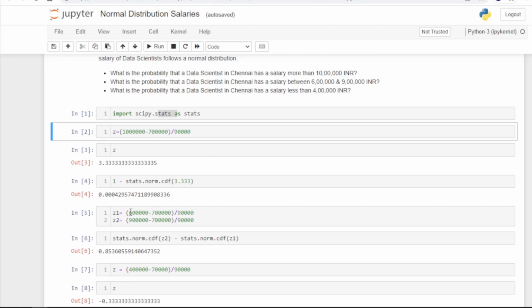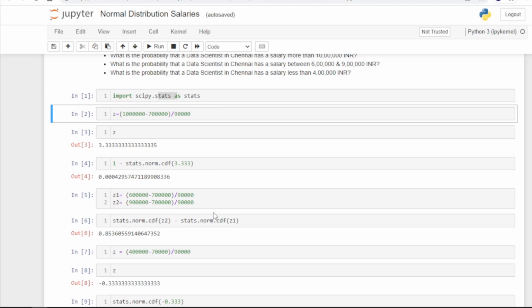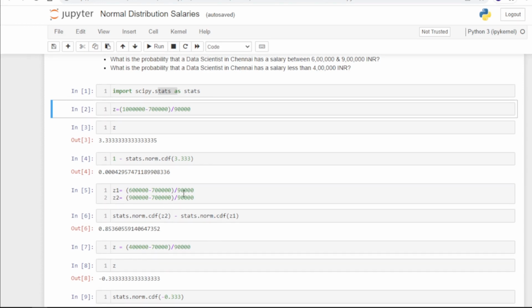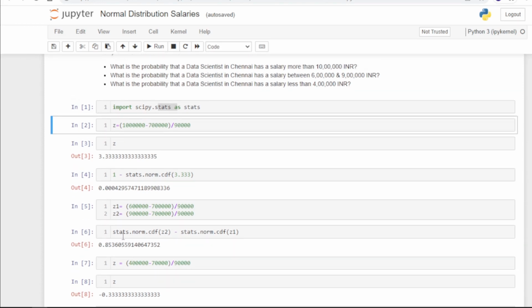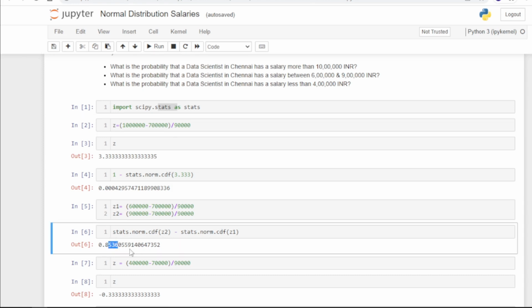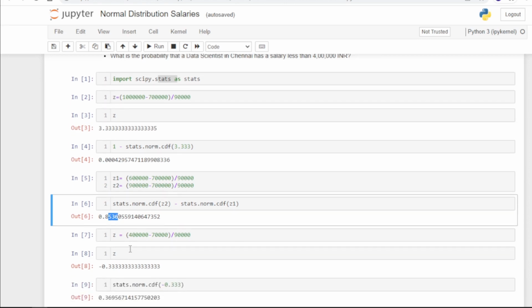So to get that, we are getting Z1 as 6 lakh minus mean value divided by standard deviation, and similarly for Z2, 9 lakh minus mean value divided by standard deviation. So to get the probability between these salaries, we are subtracting Z2 minus Z1. So this way we will get the in-between salary of 6 lakh and 9 lakh.